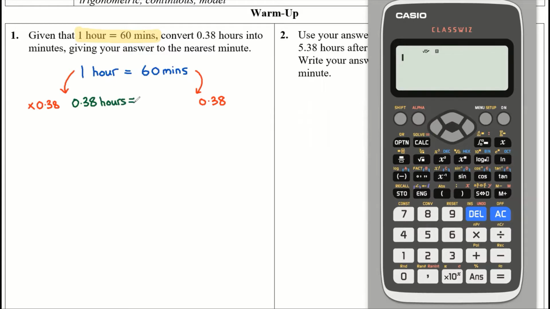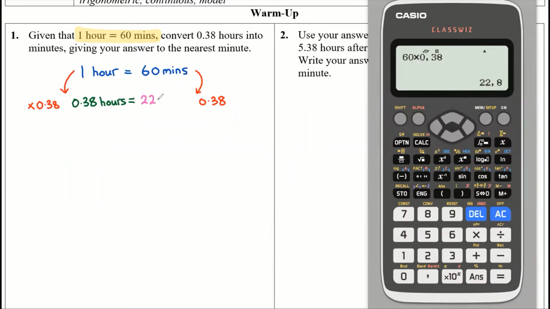You may remember from GCSE and before that, when you're comparing an amount to 1, okay, which you see in ratios. And then if we do 60 multiplied by 0.38, so if I do that on my calculator, what do we get? So let's put it as a decimal. That's going to be 22.8 minutes. All right, so we'll write that in.